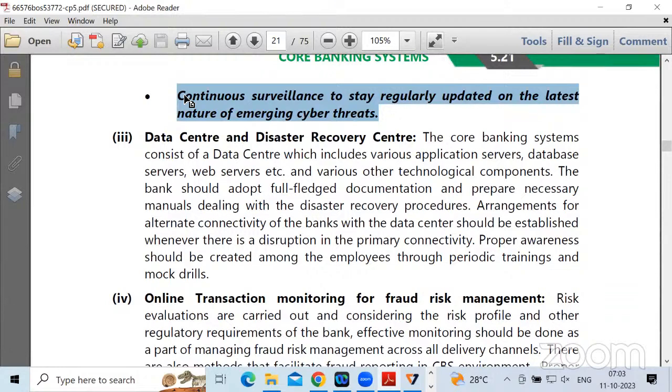So the security administrator must be well aware of what's happening in the real-time world, so that according to the new kinds of threats, they can implement the security configurations. Now this is important.